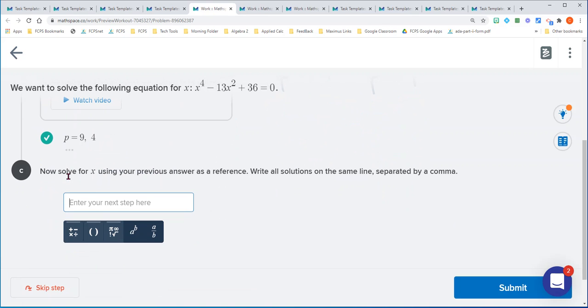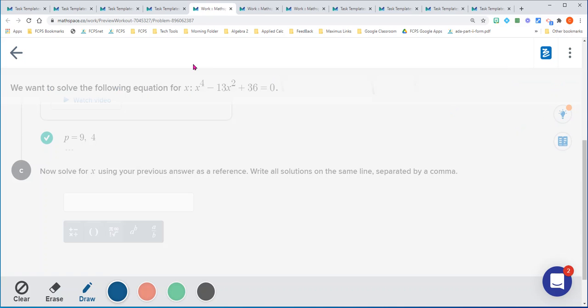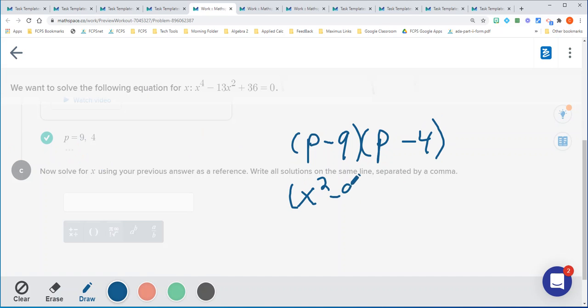All right, now solve for x. Okay, so I'm going to come up here and I'm going to keep writing my factoring so that it looks like what we did in class. And now it says solve for x, which is this, right? Go back to x's.